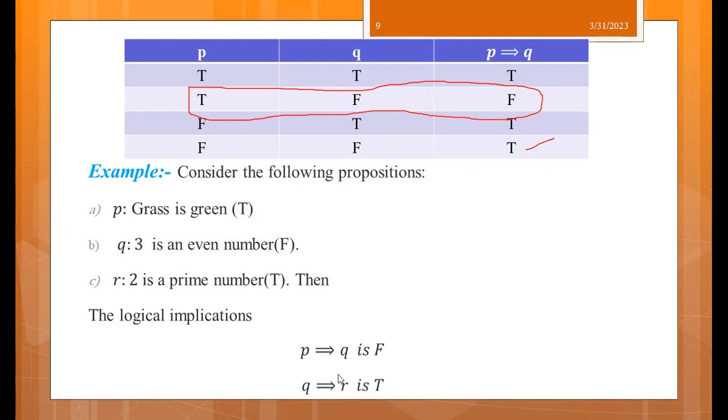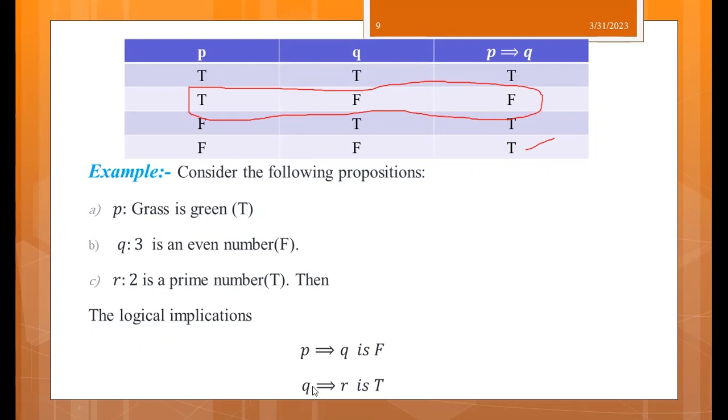Next one, consider Q implies R is true. That means if Q implies R is true, automatically we can be sure that the conclusion R must be true, or there is a possibility for this one to be true. But if R is false, the if statement Q must also be false at the same time.